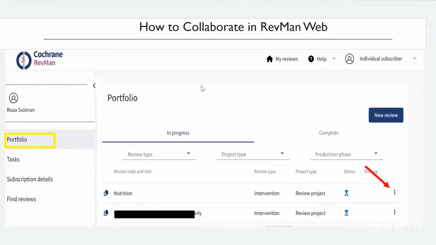Okay, here's an example of how we collaborate with the team. So first you click on portfolio, then all your studies will be shown here. For example, I choose a nutrition study. Interface, you will find all these options.